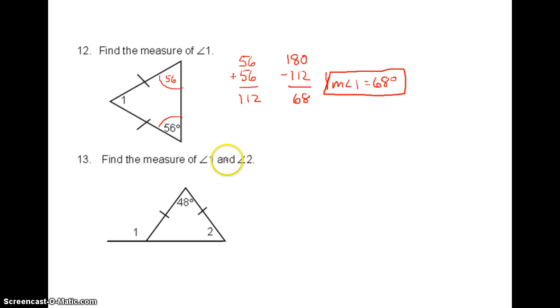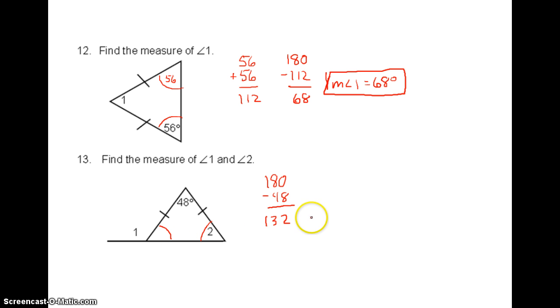Alright, find the measure of angle 1 and angle 2. Okay, so we have these tick marks here. That means this angle is congruent to this one. So to find out this angle, what we can do is subtract 48 from 180, and that will be 132 for these two angles down here.